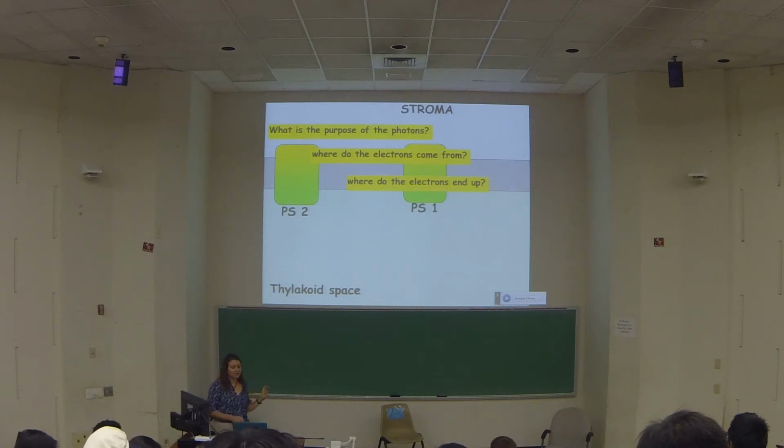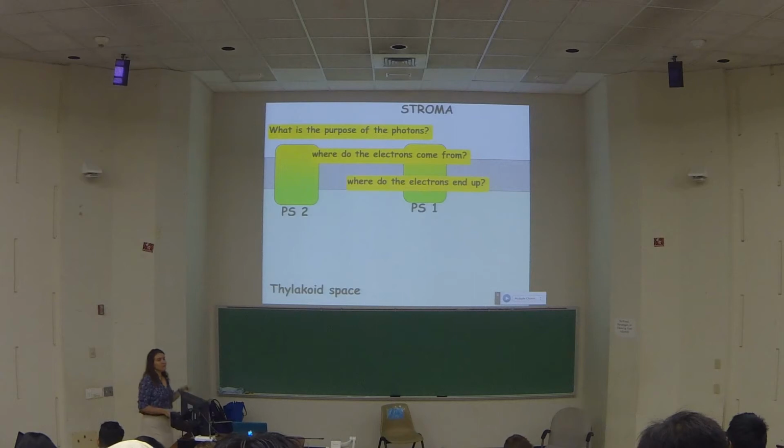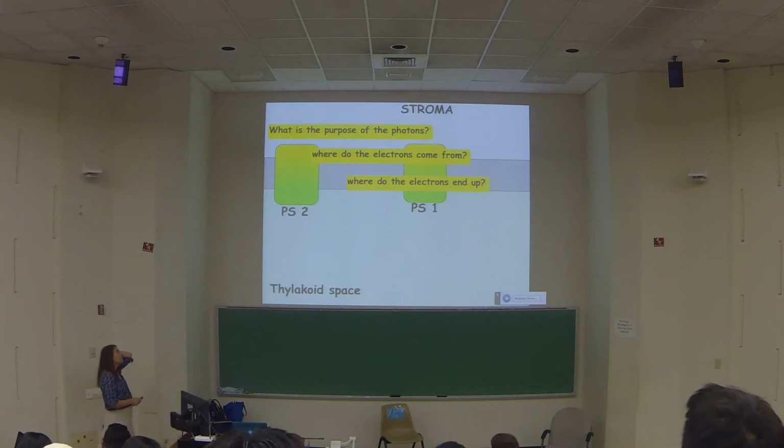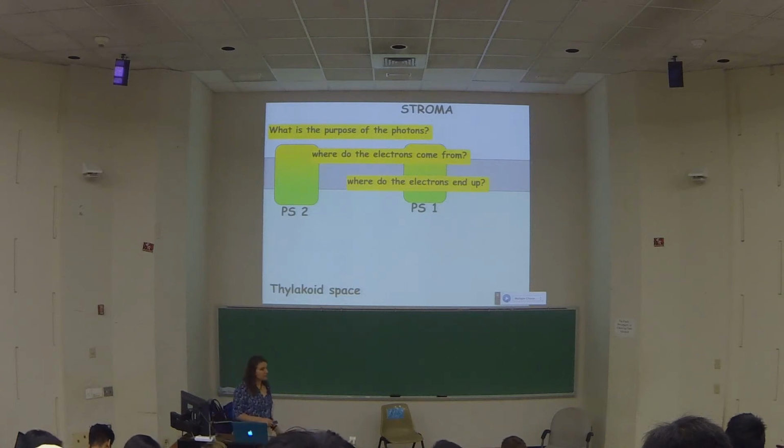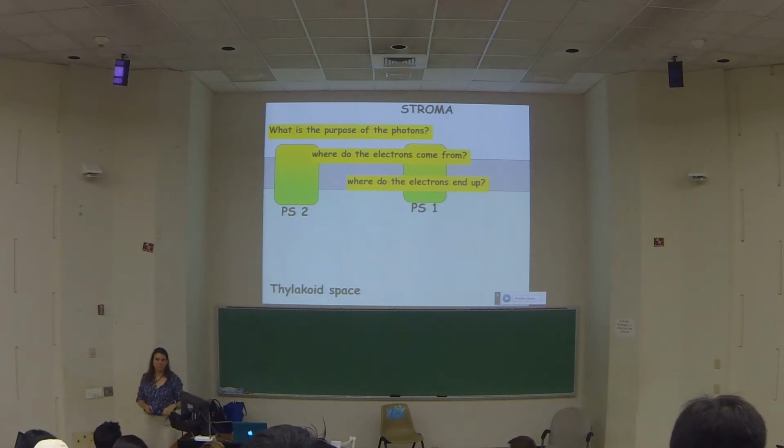First, let's talk about the photosystem. All right, this bit is different from the electron transport chain. So let's look at what the photons are required for, where the electrons come from in this whole system, and where the electrons end up to start off with.